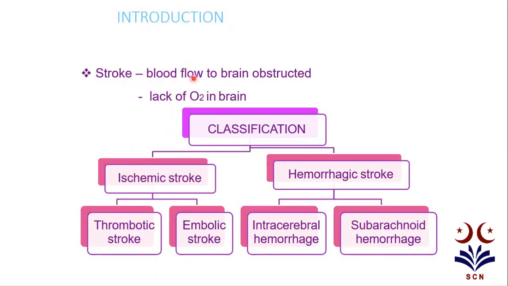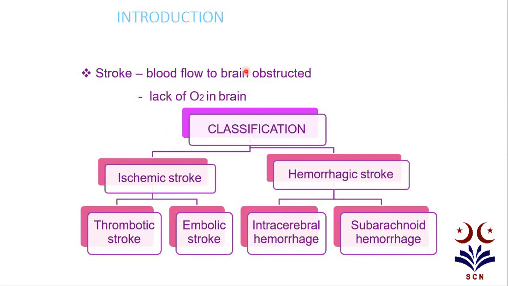It's the definition that blood flow to the brain is obstructed. Blood flow is compromised, and there occurs a narrowing of the blood vessels. This is called ischemia. I'm sure you're familiar with the word ischemia; it is the lack of oxygen in the brain.